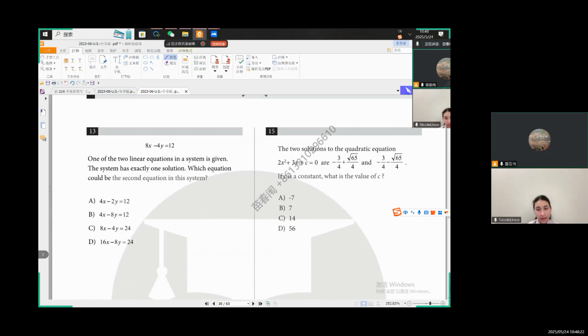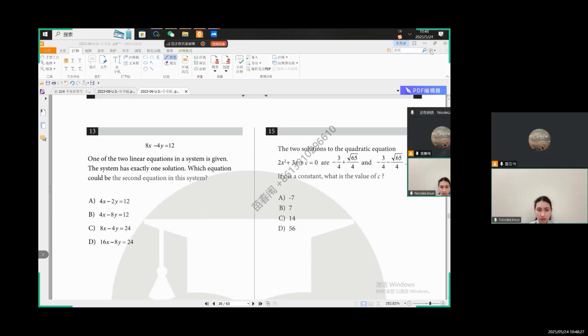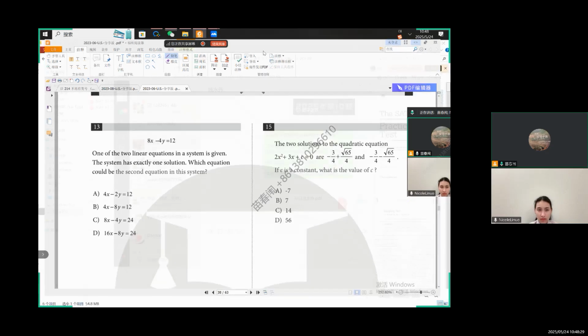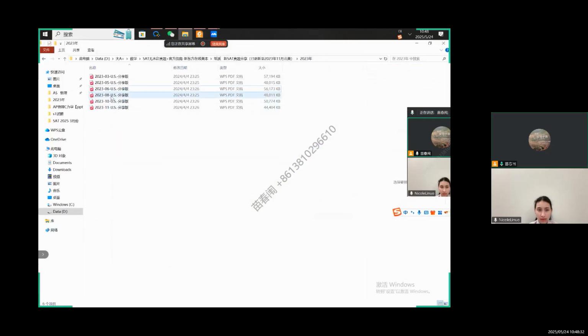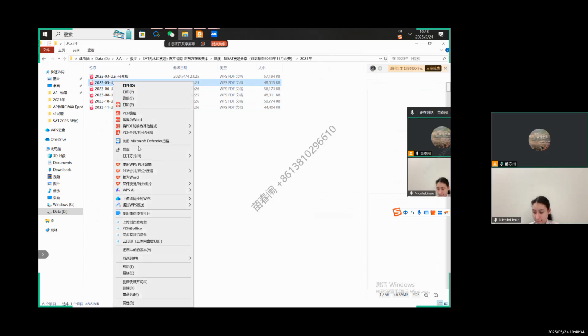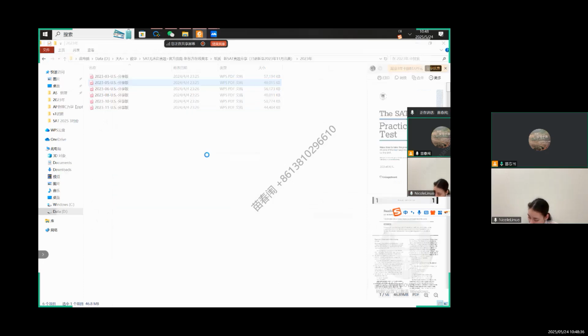Oh, not this one. Is it supposed to be C? Yeah, you are looking at the right document. I should open another one. It is C.